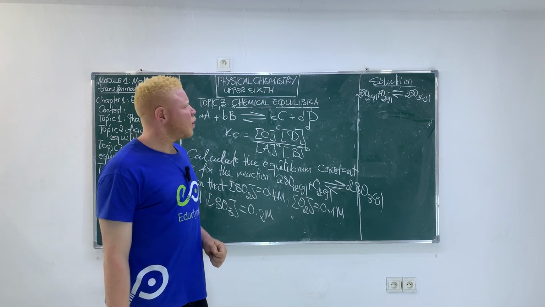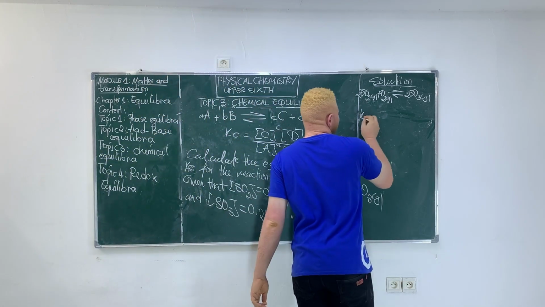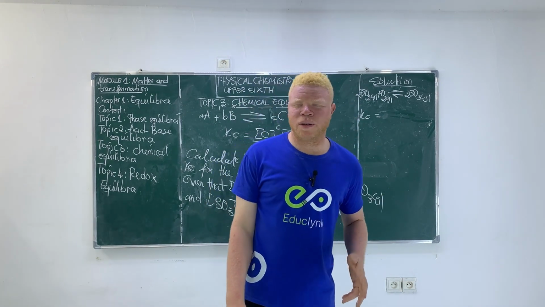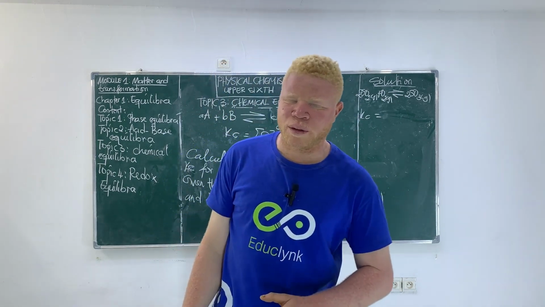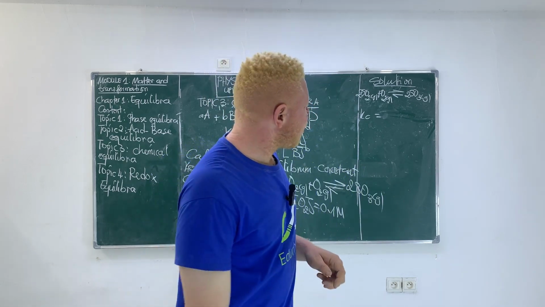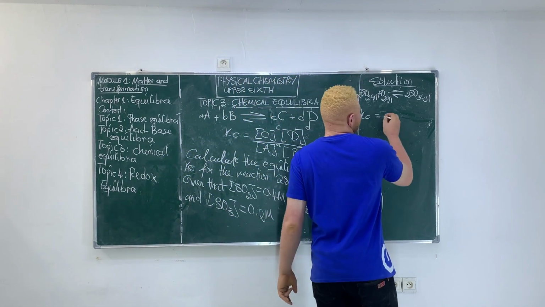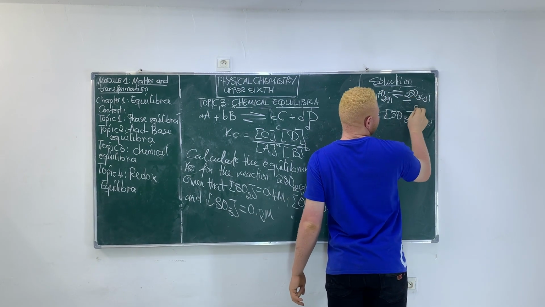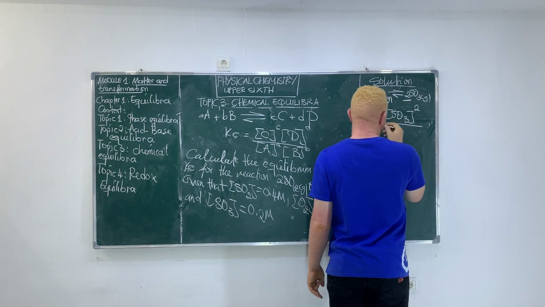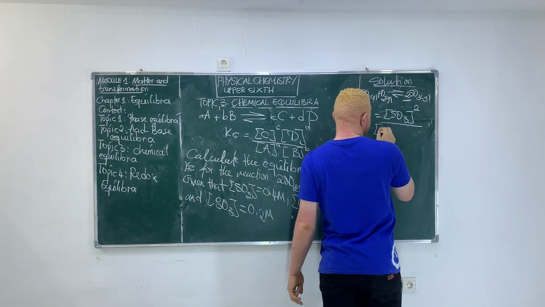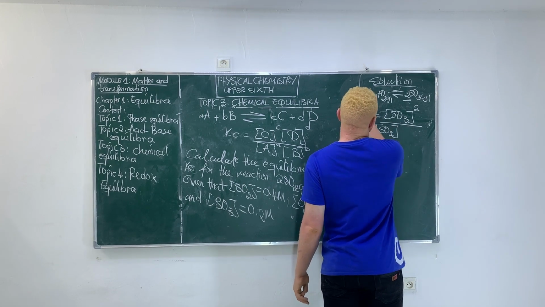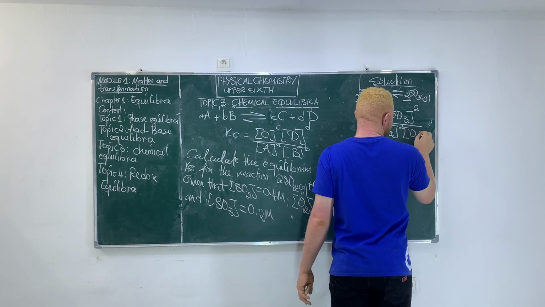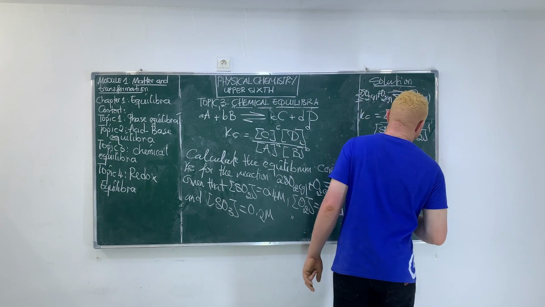So Kc is equal to the concentration of the product, in this case SO3. The coefficient is 2, so it is squared, divided by the concentration of SO2, where the coefficient is also 2, times the concentration of O2, where the coefficient is 1.